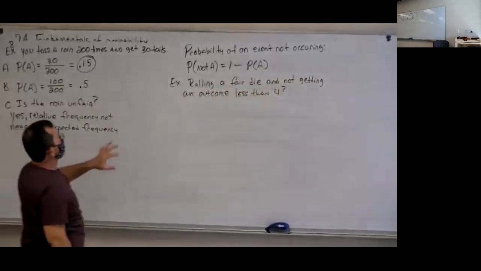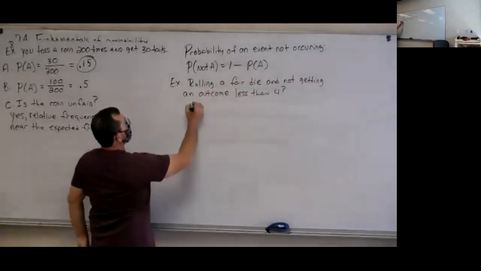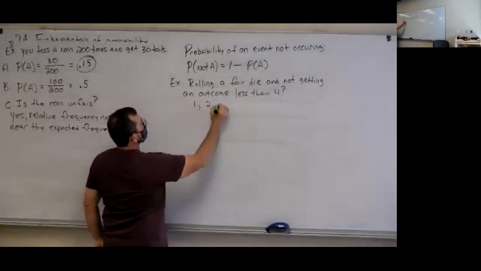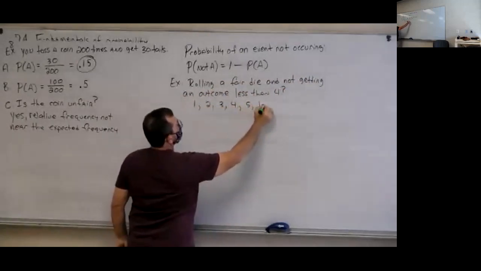Let me think about it. Rolling a fair die, you can get 6 possible numbers, right? You can get a 1, a 2, a 3, a 4, a 5, or a 6.